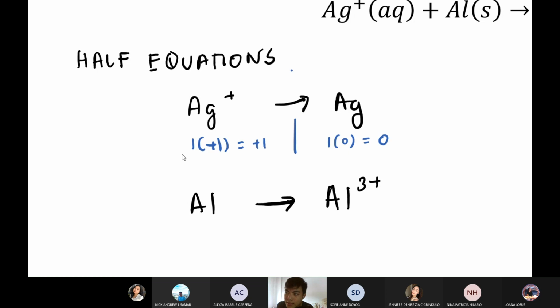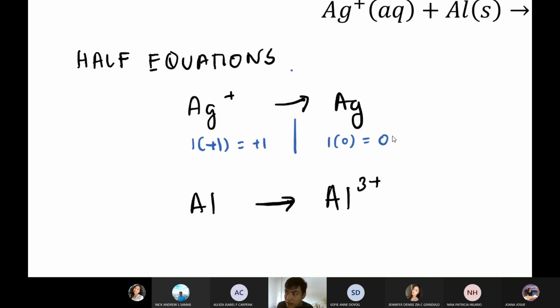Since we know that this has a positive 1 charge, the other has 0 charge, anong gagawin natin? Sabi doon, we add electron to the side with the highest charge. How many? Just enough number of electrons to bring that down to the lowest charge. Kailangan enough electrons to bring this down to 0.